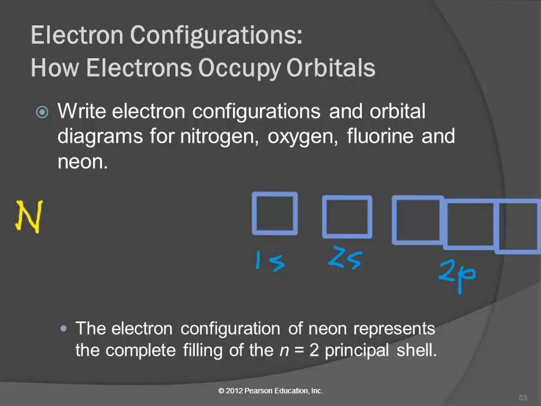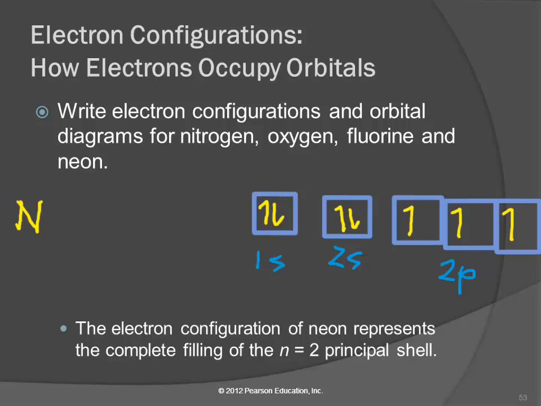So 1s, 2 electrons can go in there, and the 2s, we have 2 electrons in there. That's a total of 4 electrons. We've got 3 left, and so they're going to take their own seats on the bus, and that's going to be the orbital diagram for nitrogen.